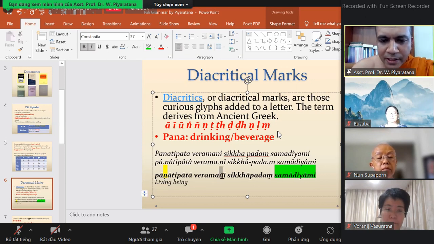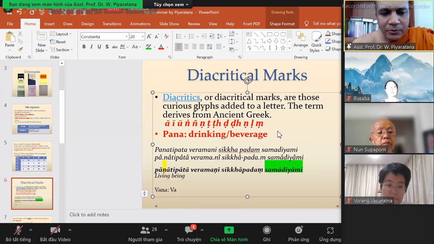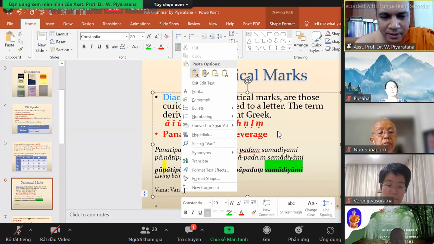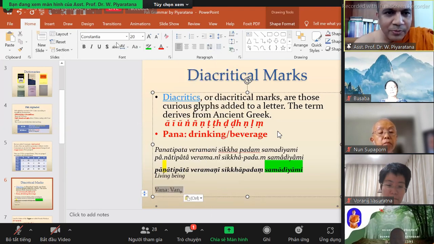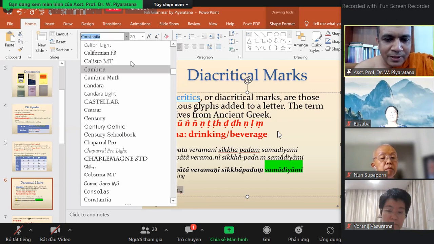Look at this one. There are two terms like this, vana and vana. Two terms, right?